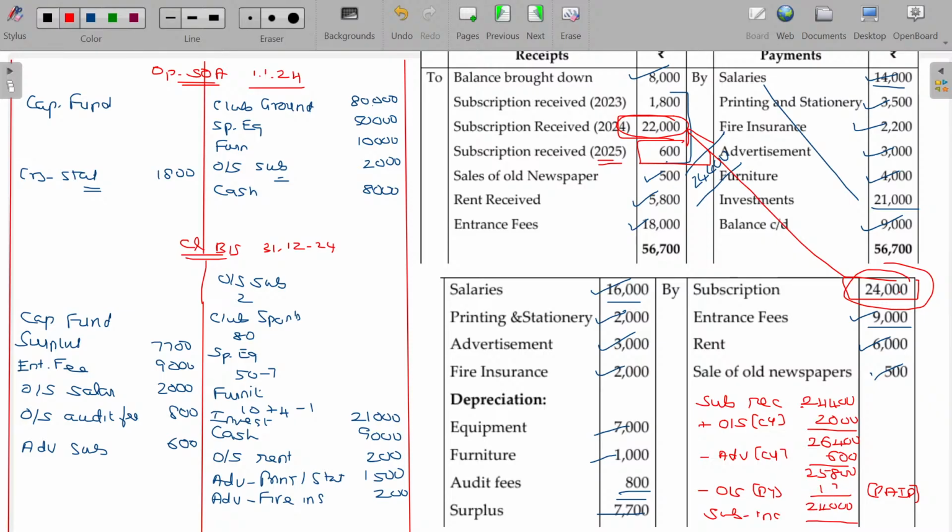Okay, remember. What about the previous year outstanding? But how much is collected? What about the another 200? Still remains outstanding. So 2,000 plus 200. Outstanding subscription being 2,200. In that, 2,000 related to the current year, another 200 related to the previous year. Two subscriptions were pending.